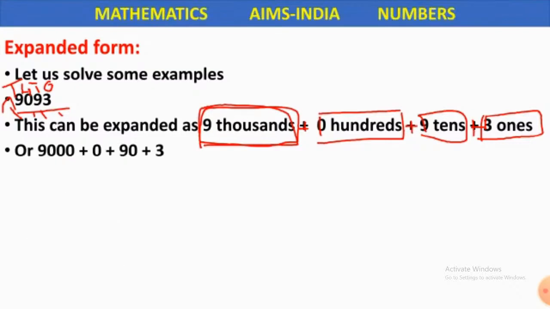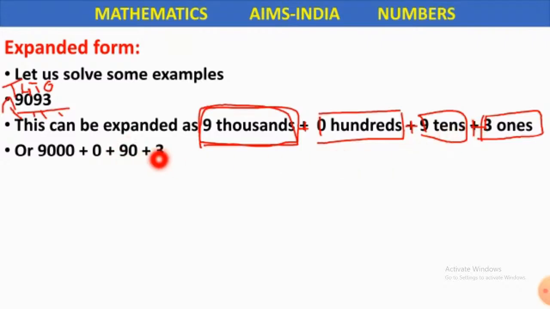Another way of writing this place value is like 9 thousands can be written as 9000. Yes or no, children? 9 thousands is written in words here. We are writing in numbers here. Plus 0 hundreds. What does 0 hundreds mean? 0 into 100 is equal to 0. Plus 9 tens. 9 tens is nothing but 90.